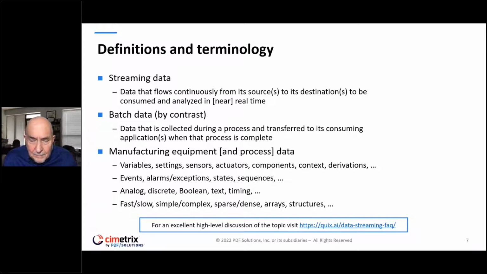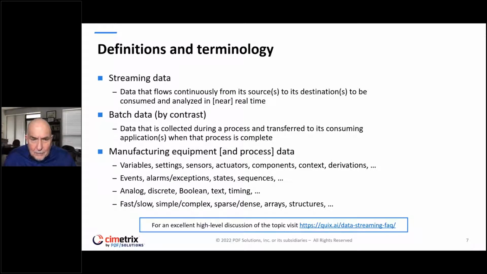All of these things fall into the streaming data category. They may be samples that move quickly for certain parameters, or slowly. They may be simple scalar values or complex arrays or structures. They could be sparse or dense. Again, there's all sorts of possibilities for the types of data that you might be moving in a manufacturing context.